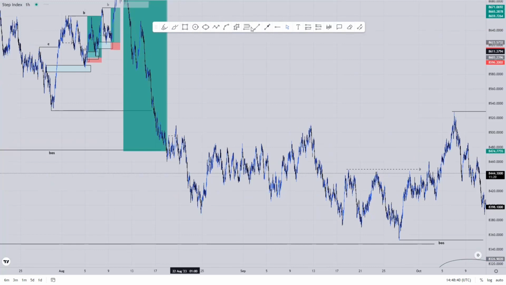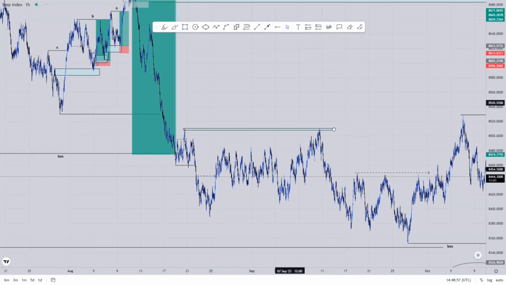They broke structure here. They established that is a lower low because they induced here. They came back to the lower high there, which was a sell. Clean, clean sell.